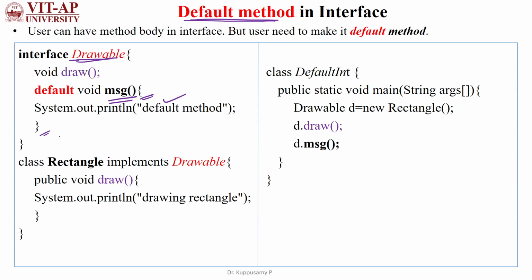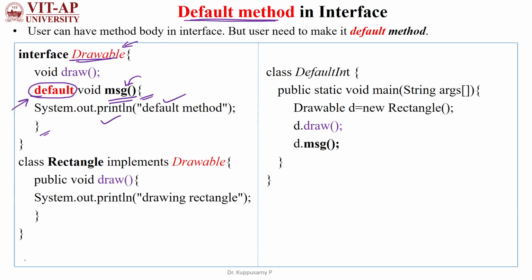But when you write a body for any method defined inside the interface, we have to use the keyword default. Only then can you define the method with a body, right? Otherwise it will not allow this, and you will get a compile time error.